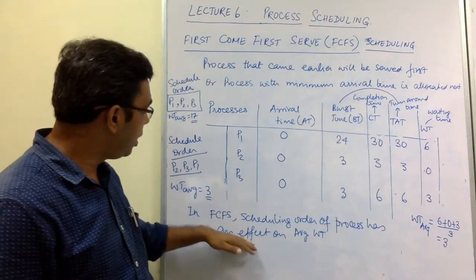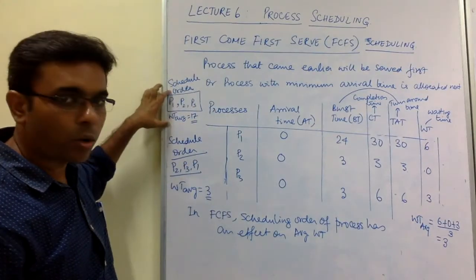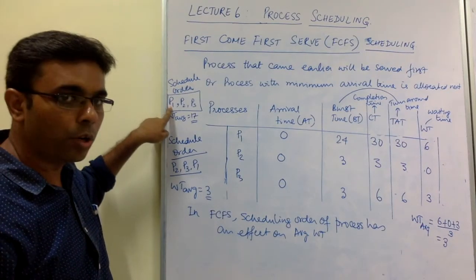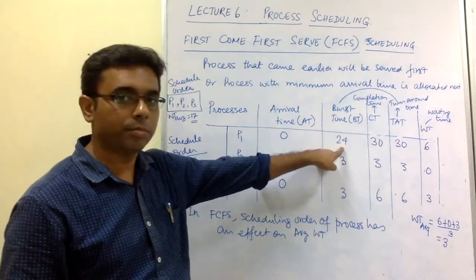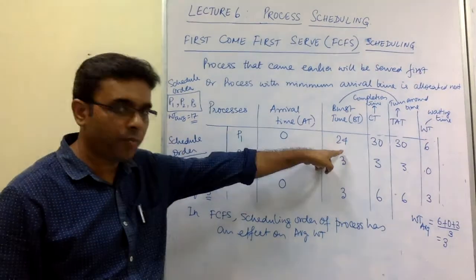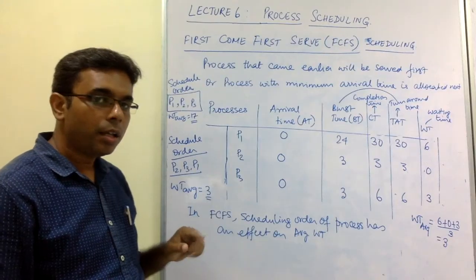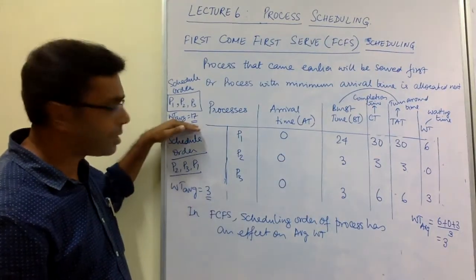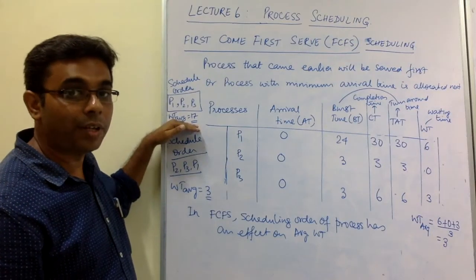And interestingly, look at this first order. In this case, process P1 was scheduled which had a longer burst time. So a process with a longer burst time was scheduled first, then the processes which had smaller burst time, and in that case the average waiting time was 17.